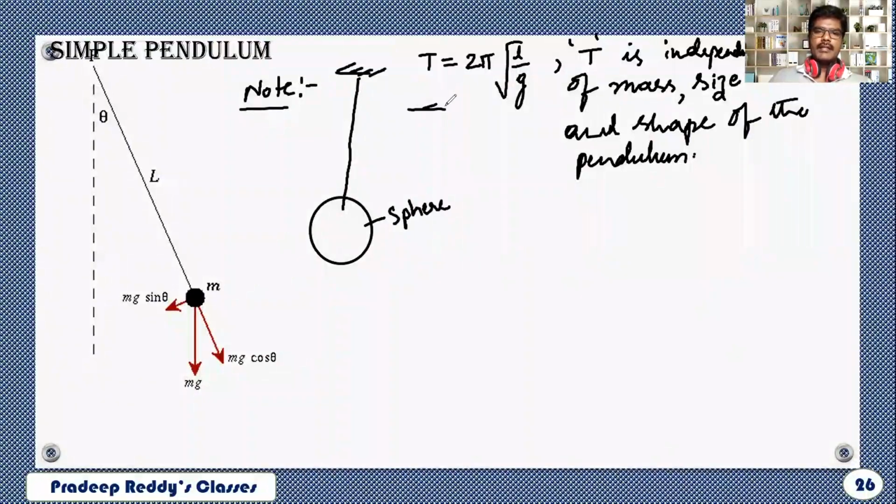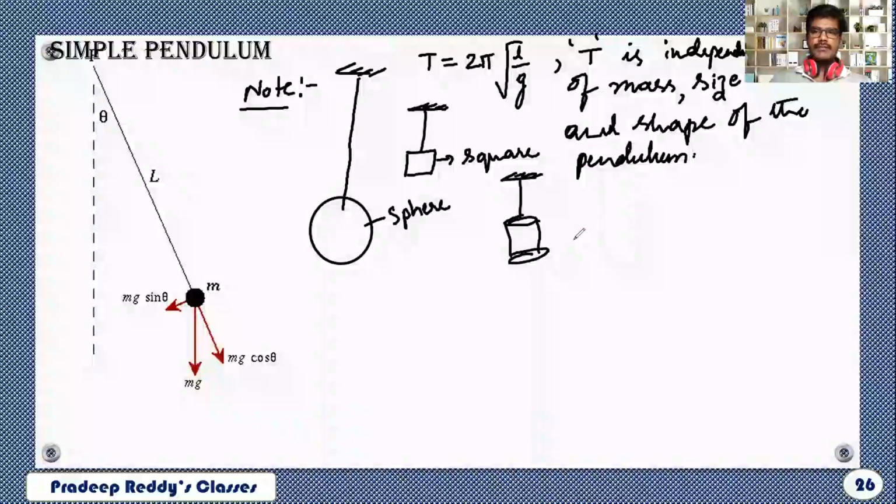And you can take another pendulum which is a square lamina, or you can take a cylinder. So these masses may be different, size may be different. They are not varying time period of the pendulum.